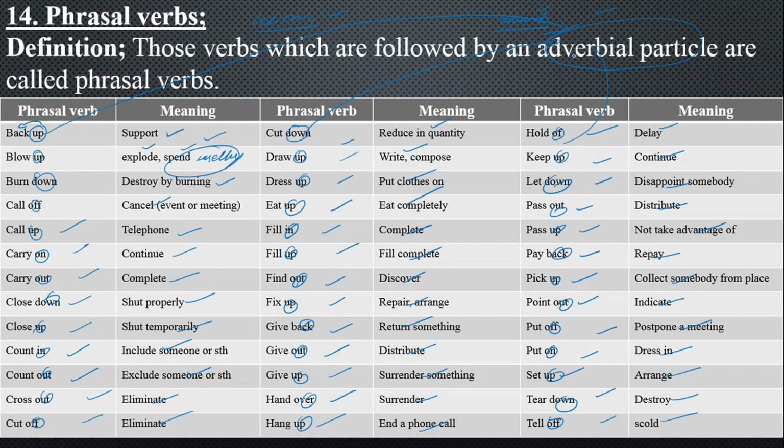An adverb particle is a part of speech which comes after verb, works as an adverb, and changes the meaning of the verb into an idiomatic meaning, the hidden meaning. They do not give the literal meaning, the meaning is totally changed. So those verbs which are followed by an adverbial particle are called phrasal verbs. So these are the adverb particles which are adding something in the meaning of verb and changing the meaning into an idiomatic meaning, the hidden meaning.